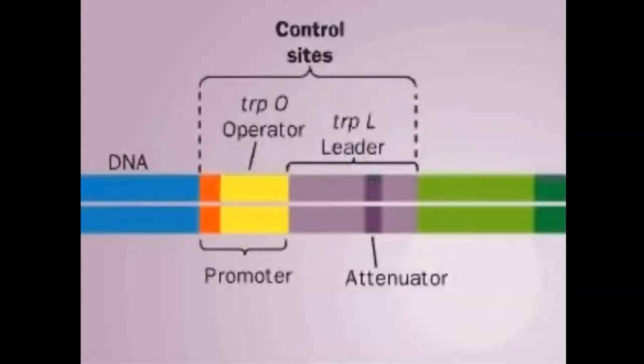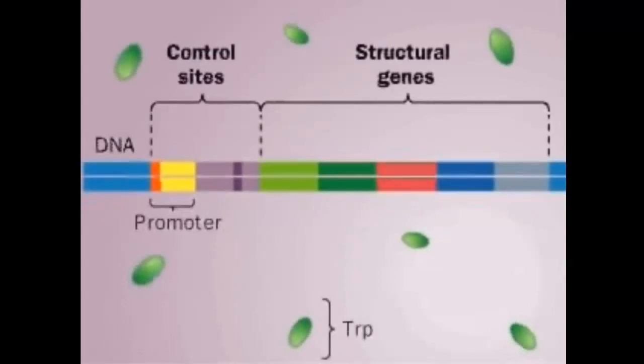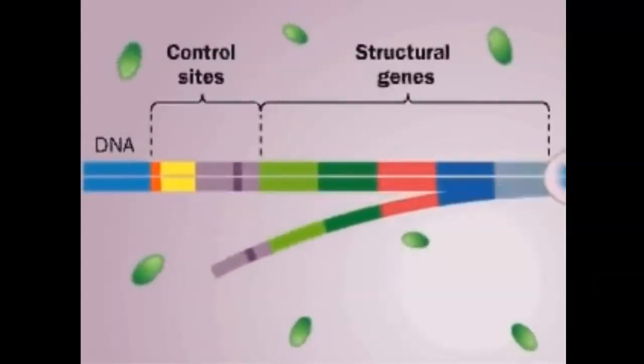Now let's look at the control sequences for the TRP operon. They include a promoter, the binding site for RNA polymerase, an operator, which overlaps the promoter, and a leader gene, TRP-L, which has an attenuator sequence, which we'll also look at soon. When the bacterial cell's tryptophan levels are low, RNA polymerase can bind the promoter and transcribe the structural genes.